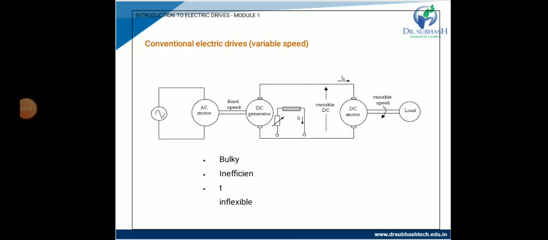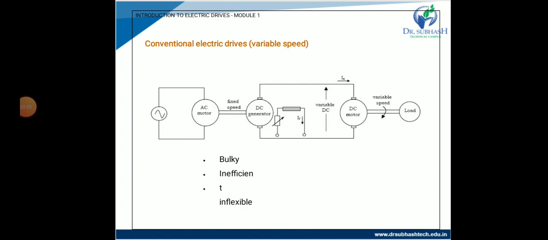Now the conventional electric drive for variable speed, which we have been using for many years. AC supply is given to an AC motor. The AC motor shaft rotates at a fixed speed and drives a DC generator, and the DC generator generates DC power.